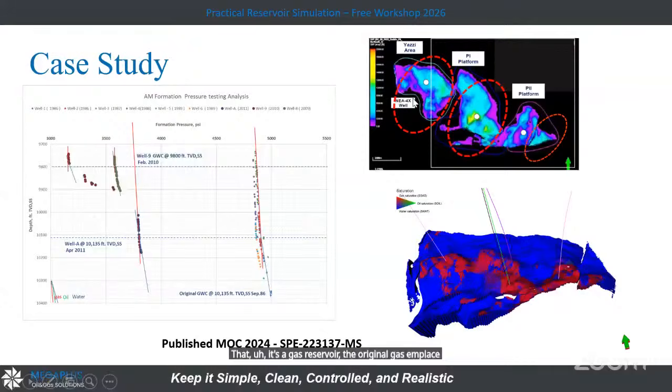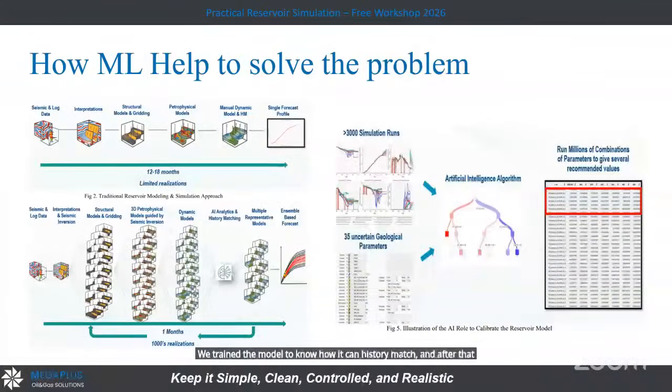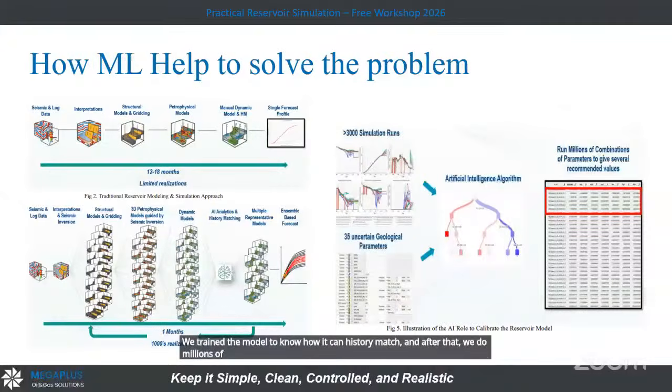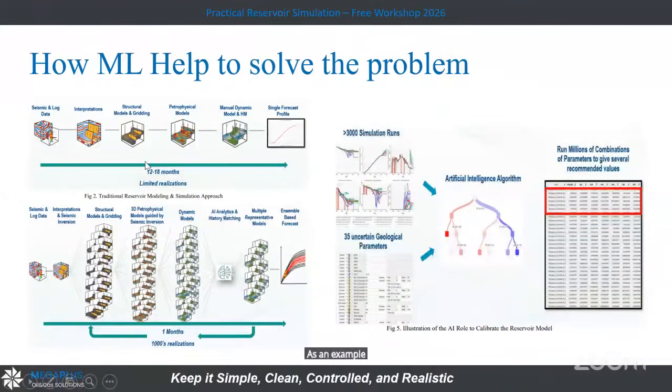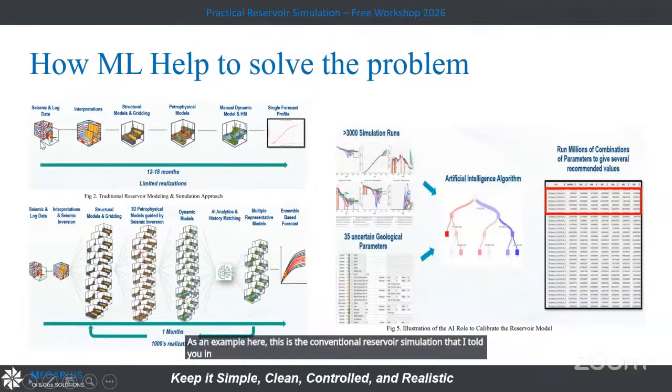So it was very complicated, and here is the role of machine learning. We had done the static model and the dynamic model, but to match, we trained the model to know how it can history match, and after that we did millions of realizations. As an example, this is the conventional reservoir simulation workflow that I told you about in this workshop: the seismic, then interpretation, structure model, petrophysical, dynamic, and the forecast.